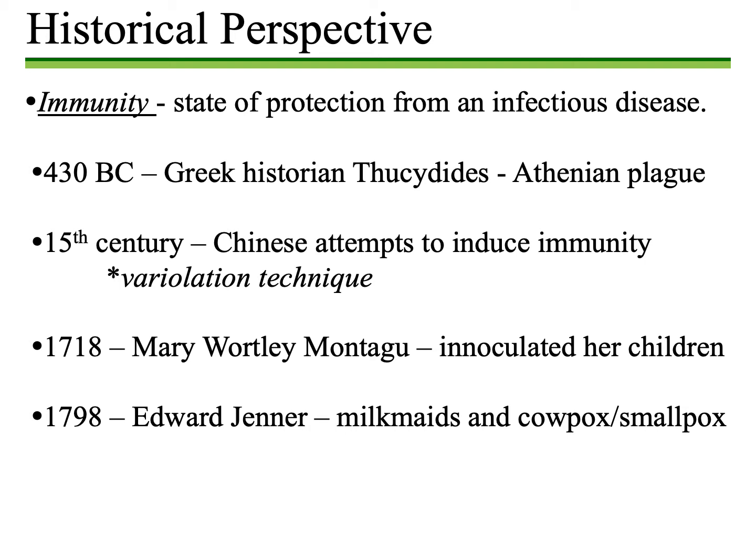She was so taken aback by this that she decided to have her own children treated in this particular way and found that her children were then immune to smallpox. Why this is so noteworthy is that this is the first Western documentation of utilizing this variolation technique to prevent disease overall. If we jump ahead to the work of Edward Jenner.